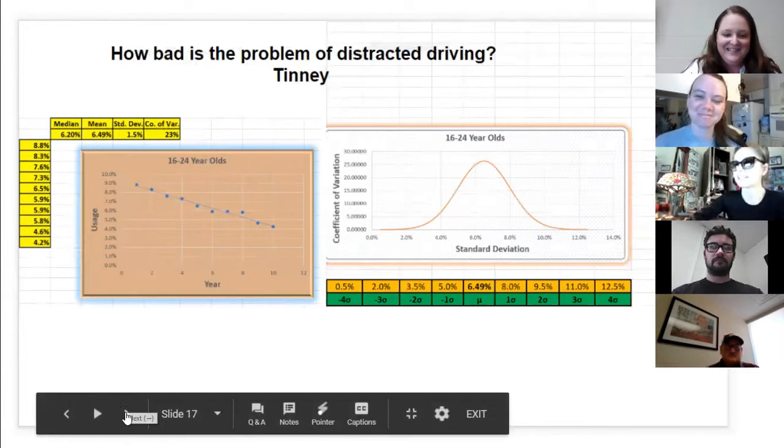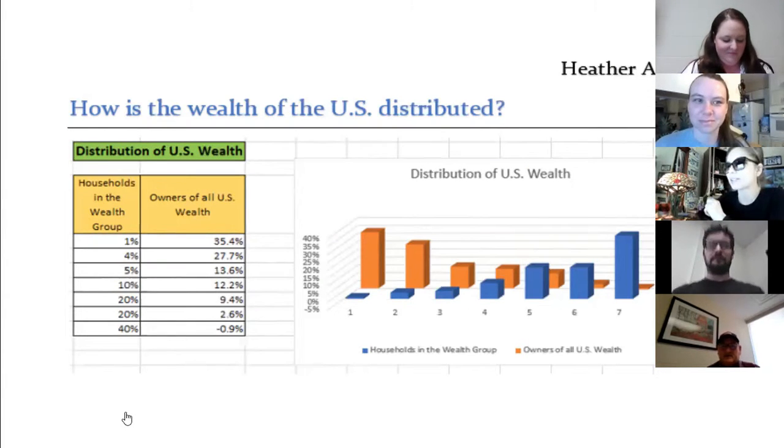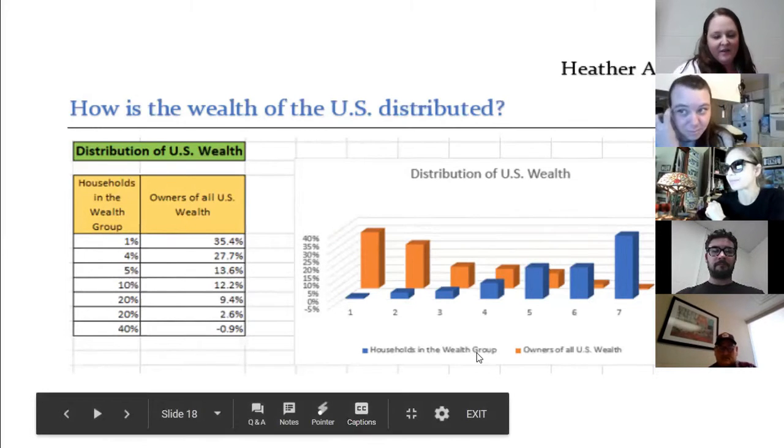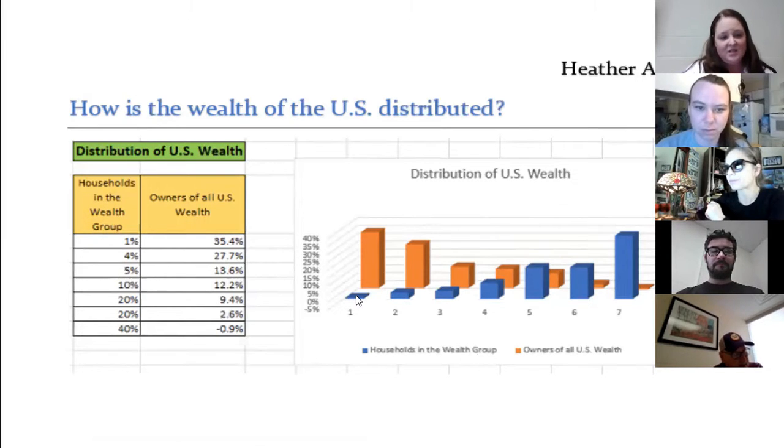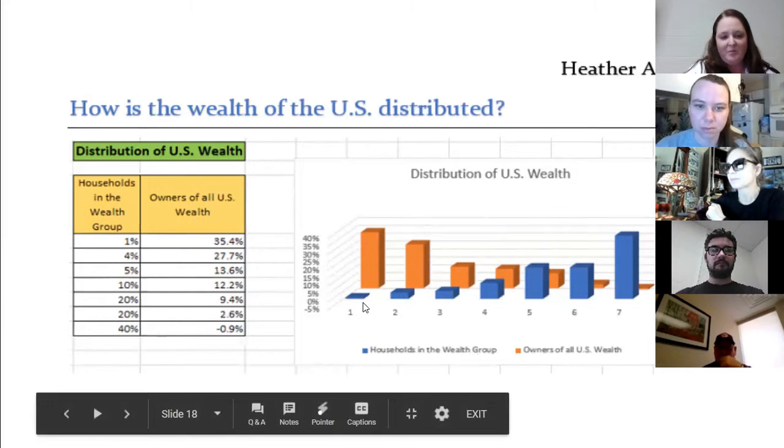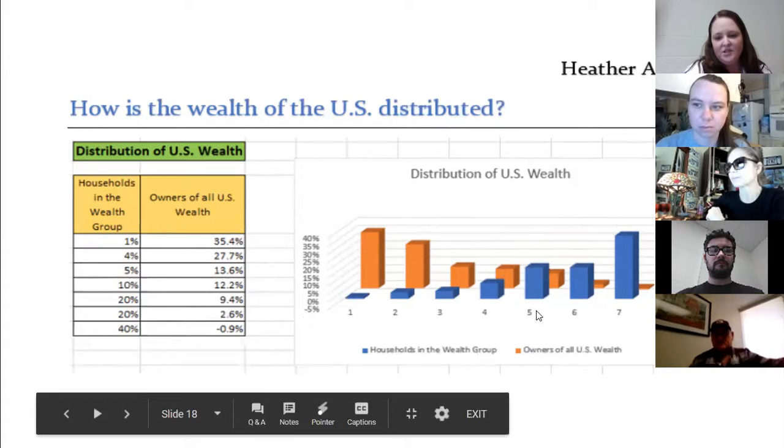Yeah. Thank you, Tinney. Arcos, how is the wealth of the U.S. distributed? Well, as you can see on the graph, it shows that the 1% own most of the wealth in the United States. That's 1% of the population. Then it shows the biggest percent of people, 40% of the population, they own less than 0.9% of our income.